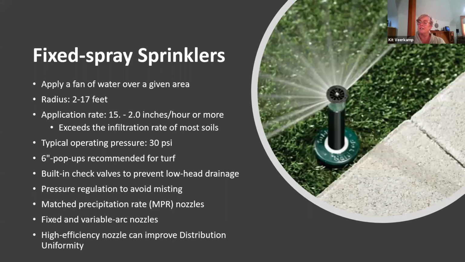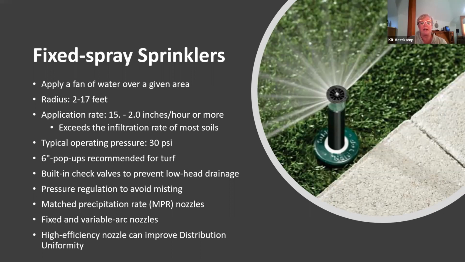They apply a fan of water, and can range from a radius of 2 to 17 feet, applying water at a rate of up to 2 inches or more per minute. This exceeds the infiltration rate of most soils. So you have to schedule it to come on for, say, 10 minutes, then go off for a couple hours, then apply for 10 minutes more. As long as you've got a controller to control that, it is feasible to utilize this.